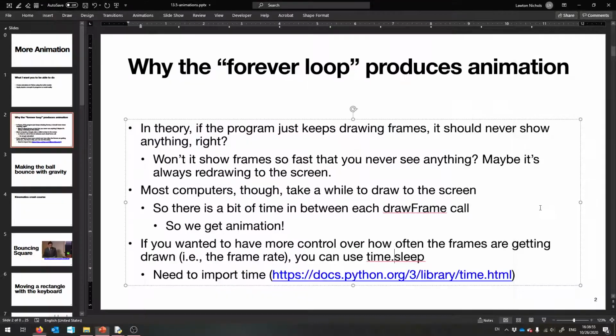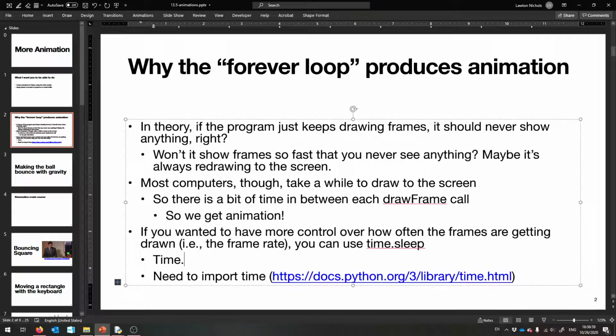So it'll make the program wait. We can say 5 or 1.5. So if you wanted at most 30 frames per second, you'd do sleep 1/30, right?